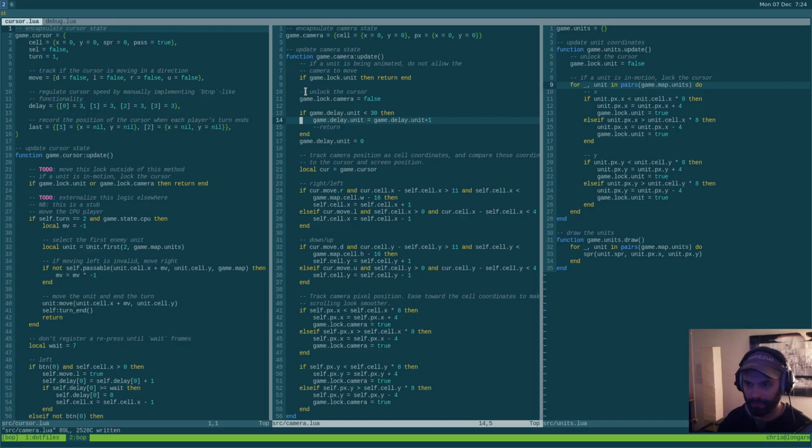So this is blocking the camera. It's just that we only want to start our delay timer after the unit has arrived. And this doesn't check when a lock is released, it just checks that a lock is not currently engaged.